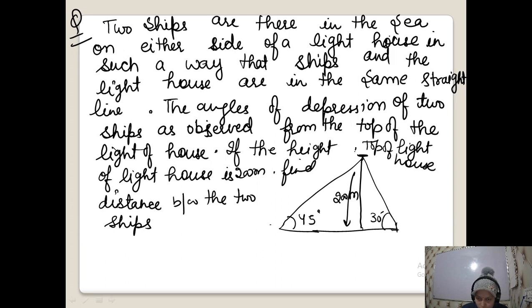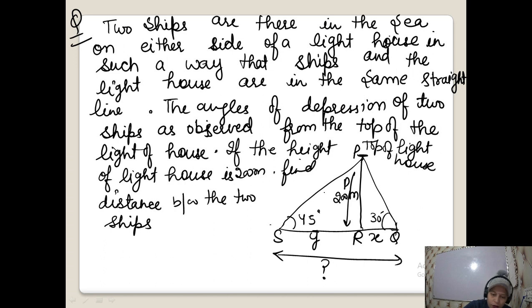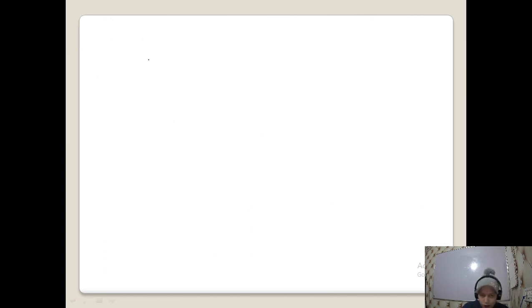You can give the name P, Q, R, S. We have to find this distance. We can assume it X, it is assumed Y, and this is P. Now you can solve it like this.